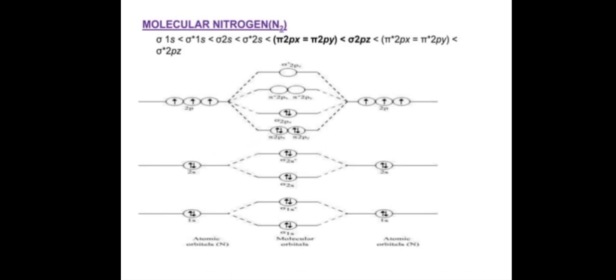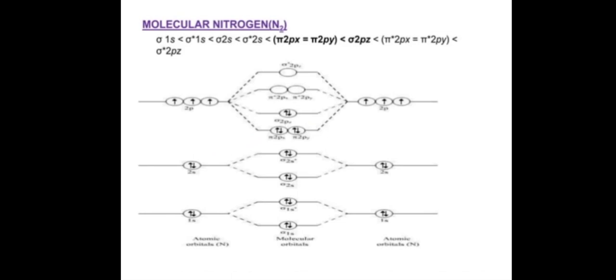From hydrogen to nitrogen, the energy level increasing order is sigma 1s, sigma star 1s, sigma 2s, sigma star 2s, pi 2px equals pi 2py, sigma 2pz, and next, pi star 2px equals pi star 2py, and sigma star 2pz.